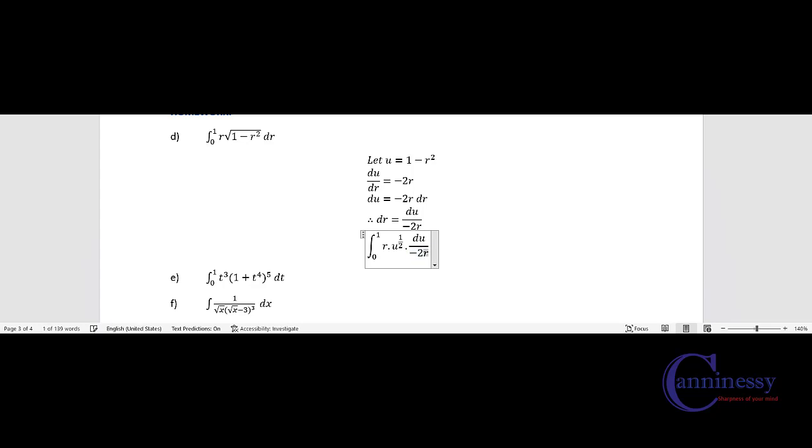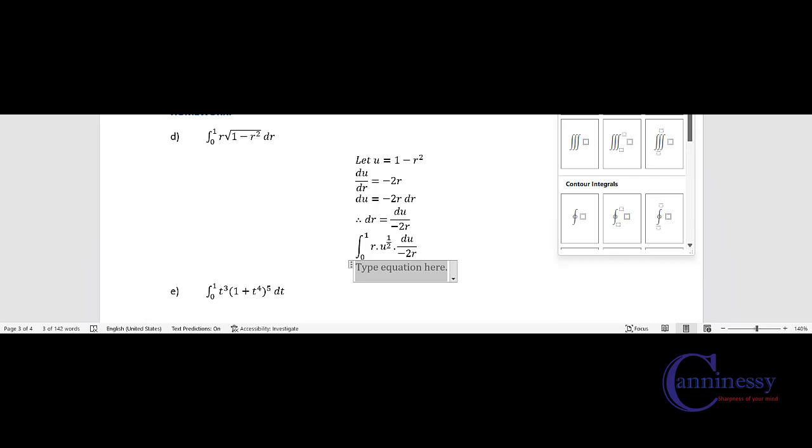The r will cancel the r in the numerator, and we'll be left with an integral of u to the power half multiplied by du.